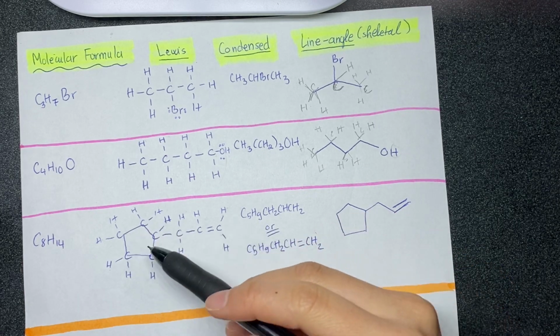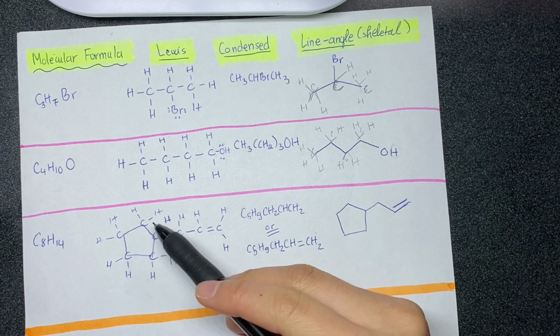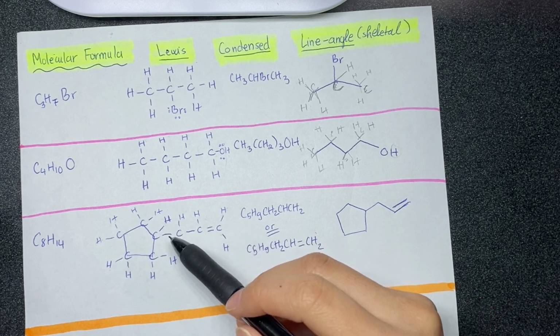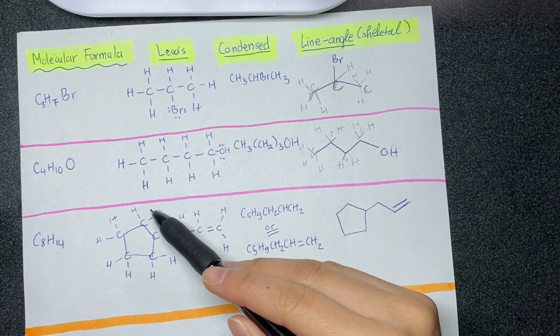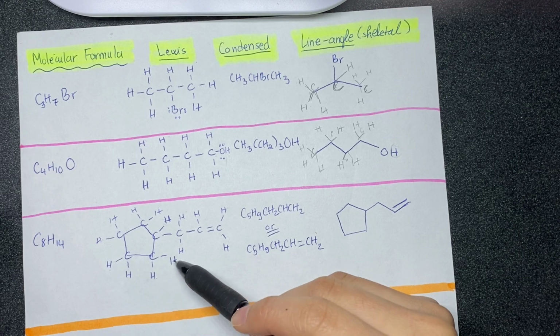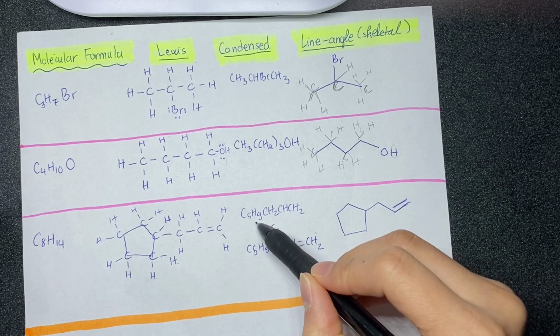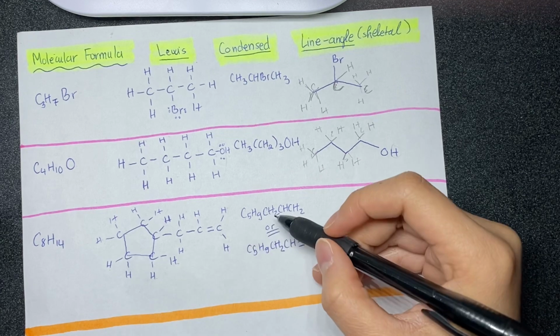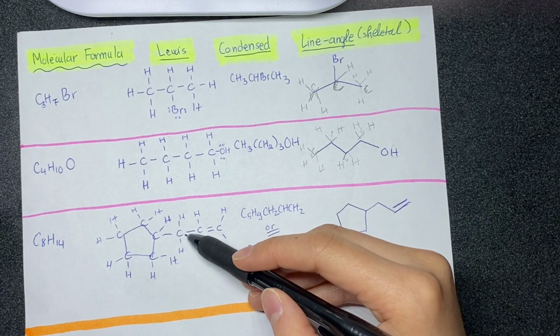You can see that we have 1, 2, 3, 4, 5 carbons in a ring, and 1, 2, 3, 4, 5, 6, 7, 8, 9 hydrogens right here. So C5H9, that's your ring, so that's taken care of, and you can move on to the next carbon.